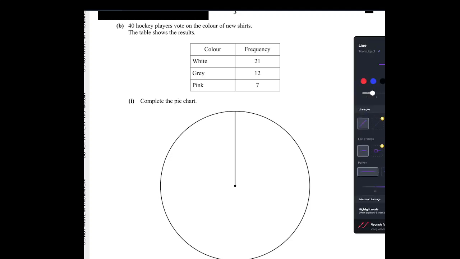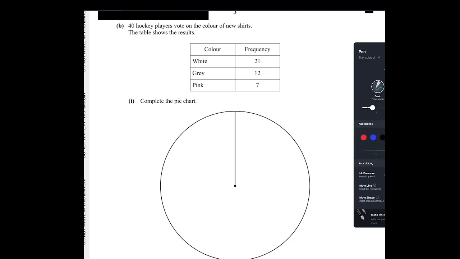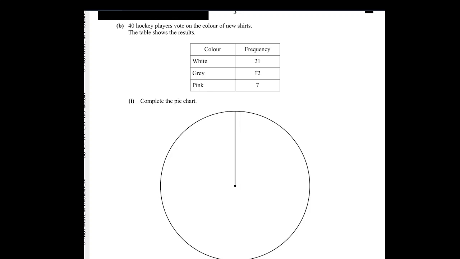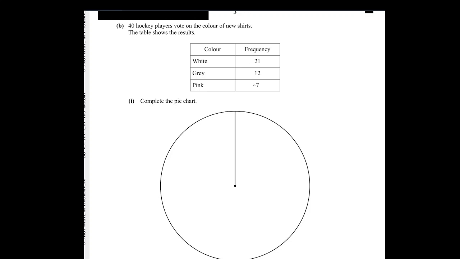For the sector angle, we add these frequencies, 21 plus 12 plus 7. The total is 40 people here. It has already been given in the question also.